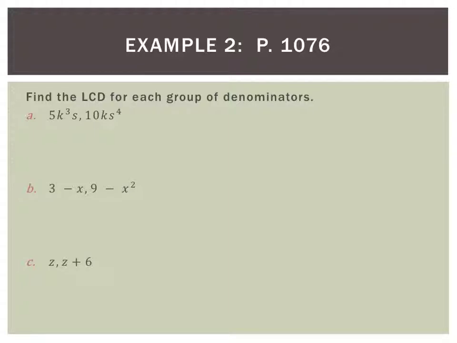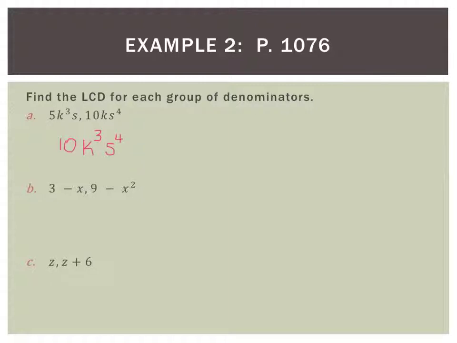So on A, we have 5k to the third s and 10k s to the fourth. So remember, the least common denominator is the smallest number that everything can multiply to. So if you look at both of these, 5 and 10 both multiply to 10. K cubed and k multiply to k cubed. And s and s to the fourth multiply to s to the fourth.